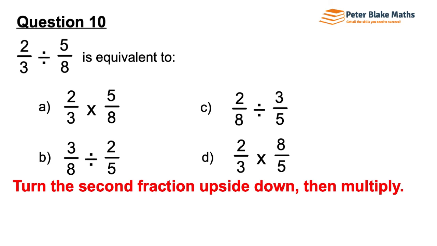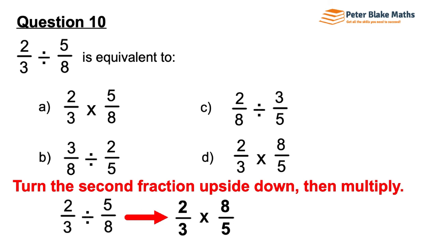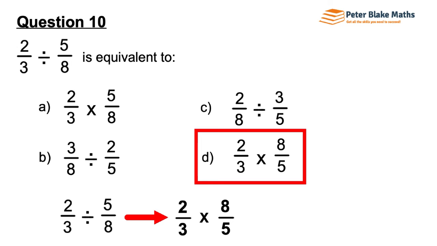It's a funny old rule. But if we take the question 2/3 divided by 5/8, we can say, okay, the 2/3 stays the same, and then we turn the second fraction upside down. If we turn 5/8 upside down, it becomes 8/5, and the rule says that we multiply. So that it turns out to be the arrangement of option D. So D is our answer in that one.